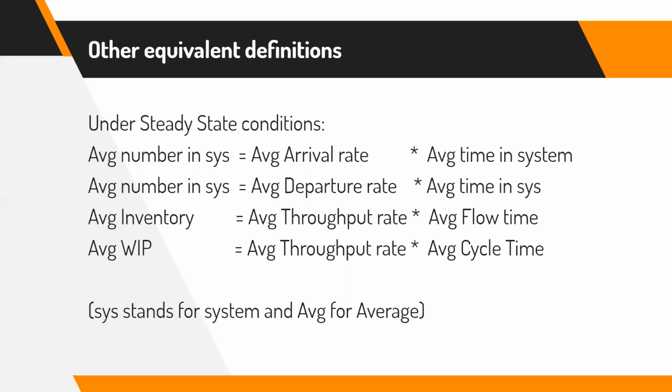Average inventory can also be modeled as average throughput rate times the average flow time, and average WIP, that is work in process, can also be modeled as average throughput rate times average cycle time.